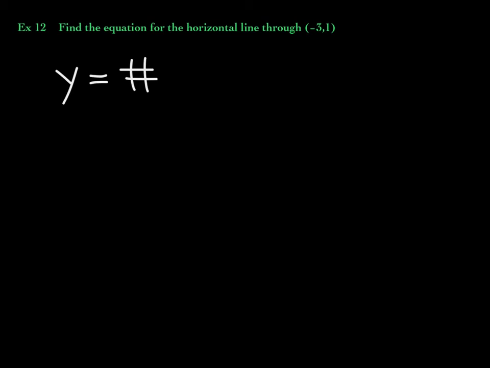No x variable at all. So then all you have to do here, because it's horizontal, is, well, which one of these coordinates represents your y value? Of course, 1 does. So then our answer is simply y equal to 1.